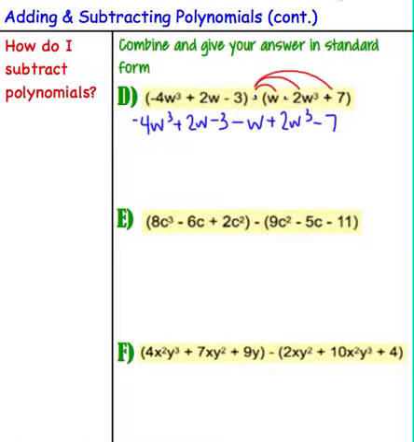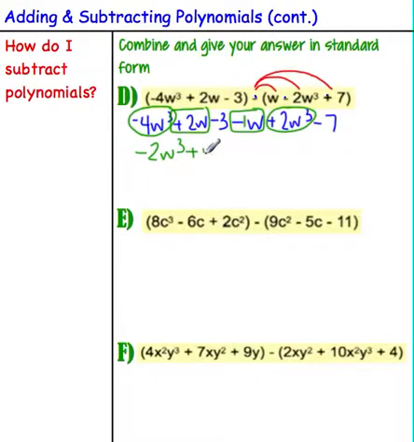So now we can go ahead and start combining our like terms. I've got a negative 4w cubed plus 2w cubed. Negative 4 plus 2 is negative 2w cubed. And then I've got a plus 2w minus w. 2 minus 1 is 1.